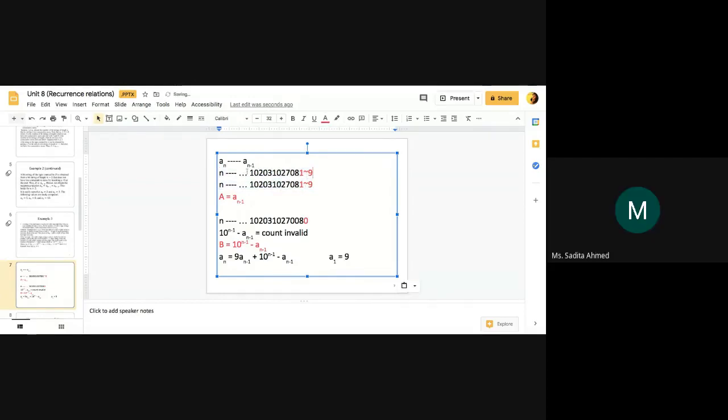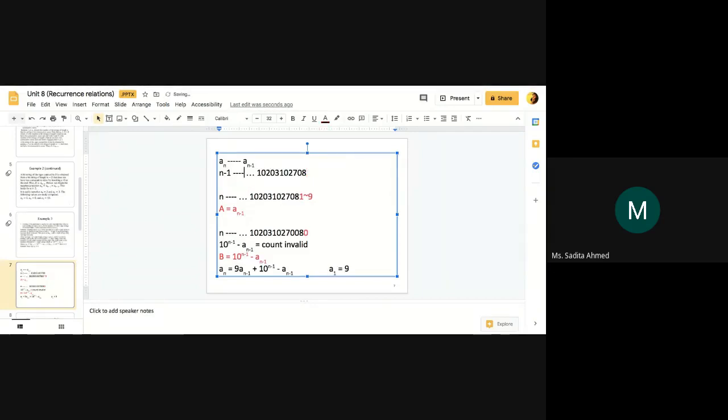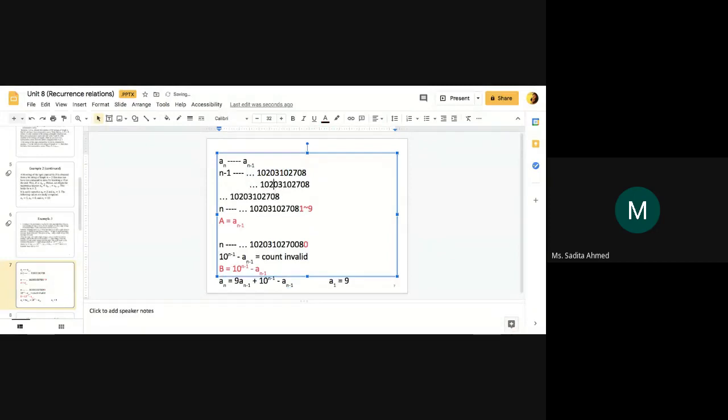See here, if we are considering the decimal digit strings of length n minus 1, so notice that for one same decimal digit string, n minus 1 length এর একটা decimal digit string এর জন্য, how many decimal digit strings of length n do you get? একটার জন্য how many do you get?